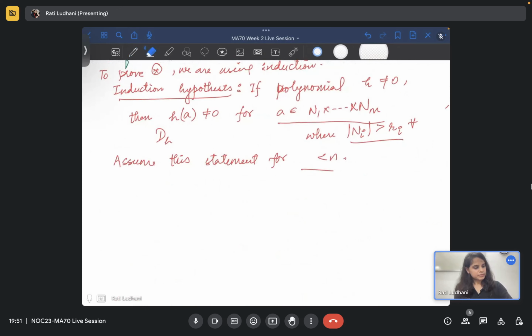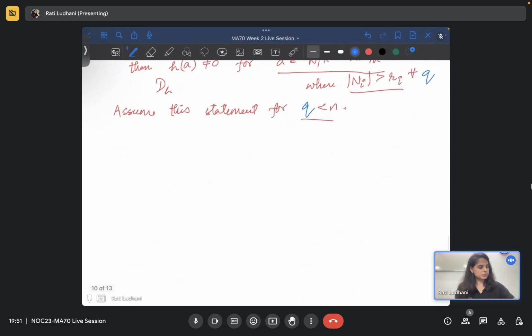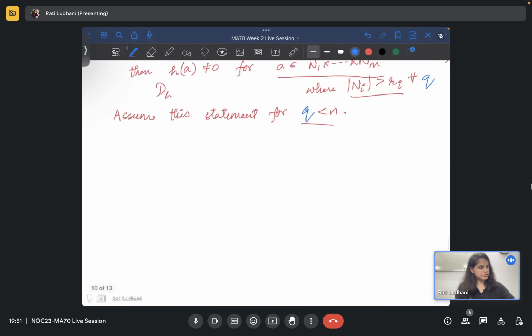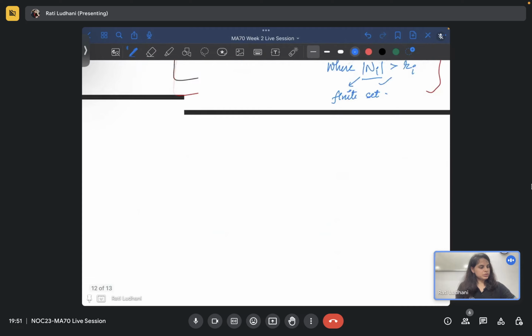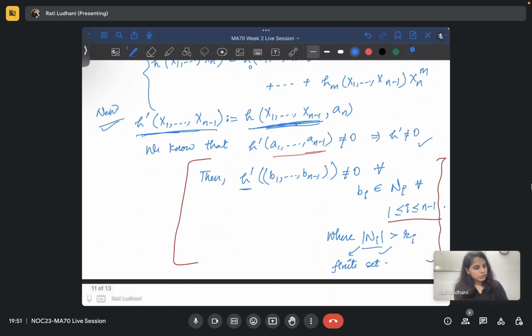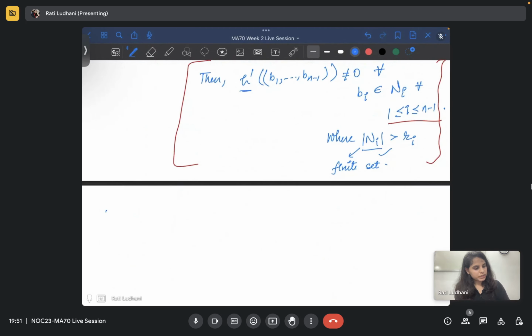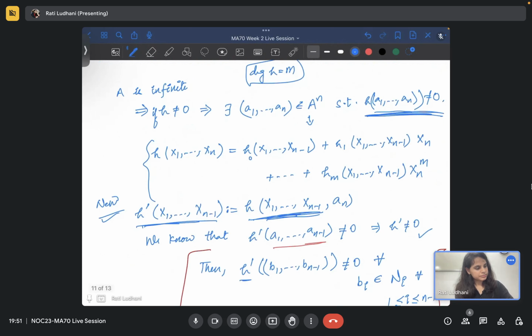Okay, k is already used, so q, I don't know, yes, for all i less than q. Anyway, so you have this. Now we will use this part, h of x1 to xn.